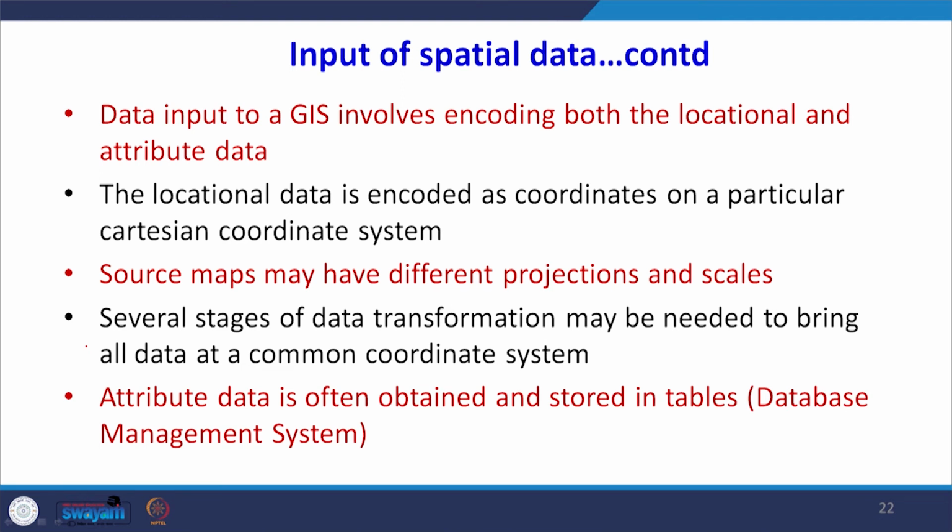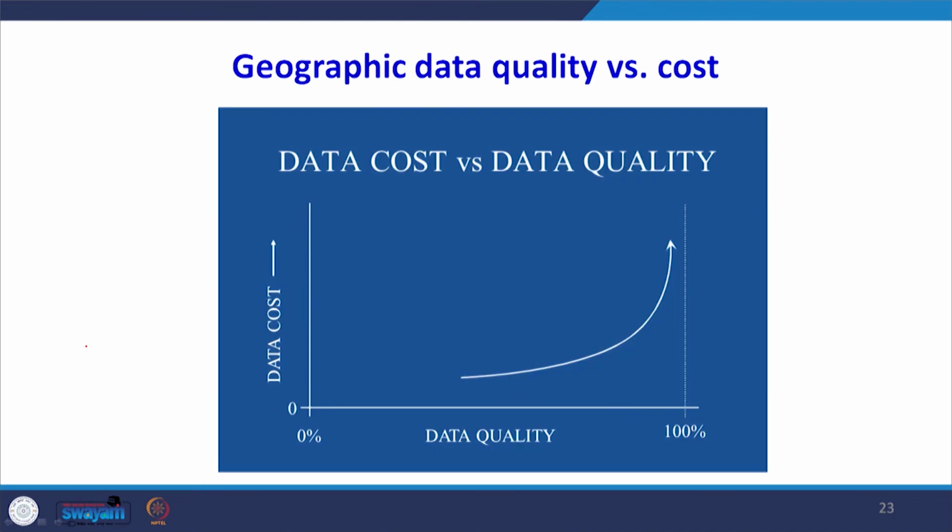So we have to consider all that when we are using them together. Different maps have to be transformed to a common coordinate system, to a common datum system, and the attribute data is stored in the form of a database management system. So this is all about the input data. Now, when we are using the data, we have to ensure the quality of the data product also.